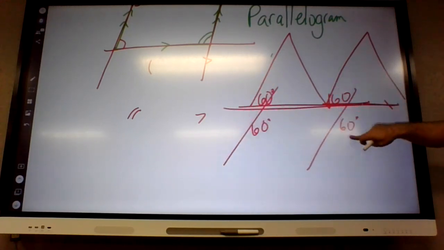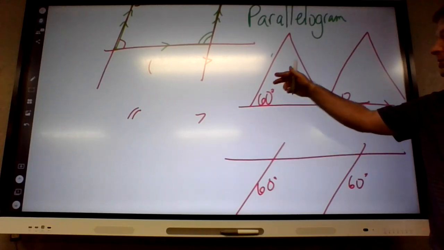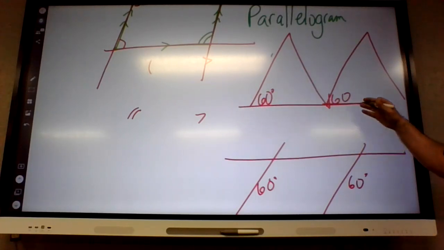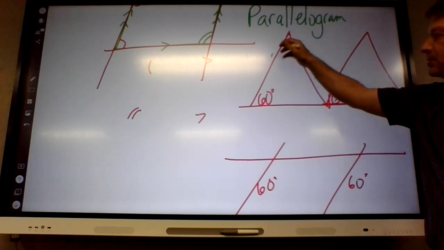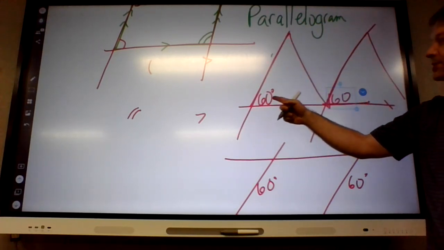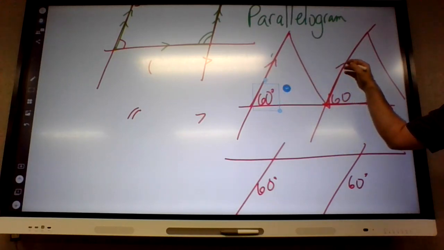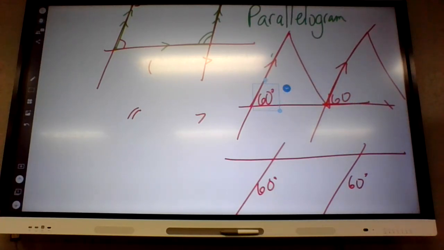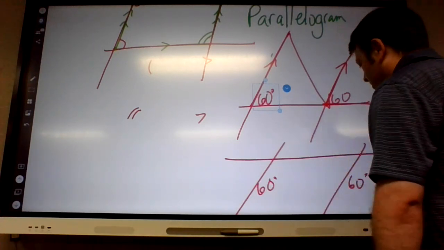So those are corresponding angles. This is the transversal, and these are the two lines coming down. Those two angles are the same, so these two lines would have to be parallel. Corresponding angles are congruent. The pictures are kind of weird, but we'll figure it out.